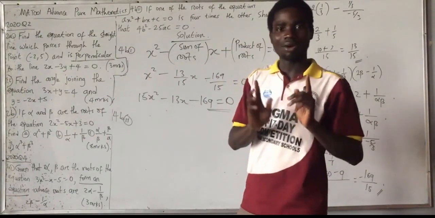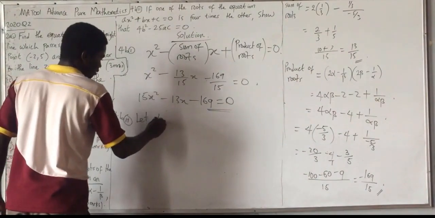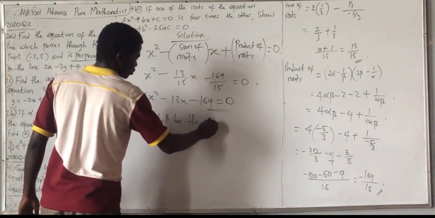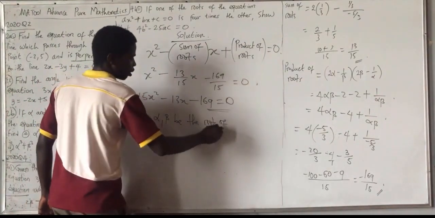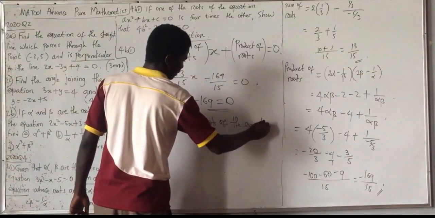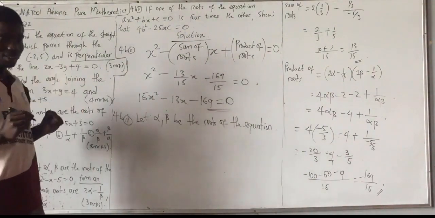Look at the first thing you are going to write. Let alpha and beta be the roots of the equation. That is the first thing, right?